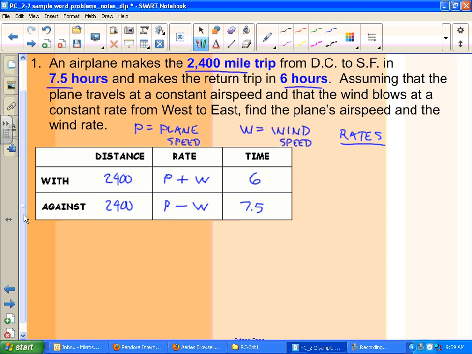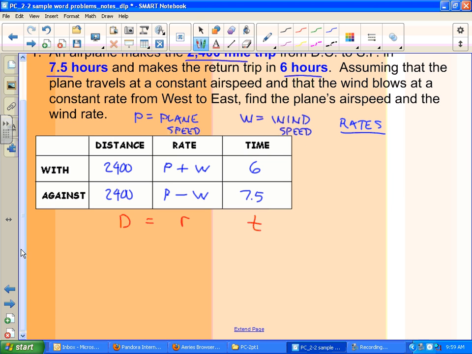So there's my rate. My rate is made up of my two unknown things. So in this setup, I have distance equals rate times time. I'm just using d equals rt to write my equations. I will have two of them, one as a with the wind equation and the other as an against the wind.